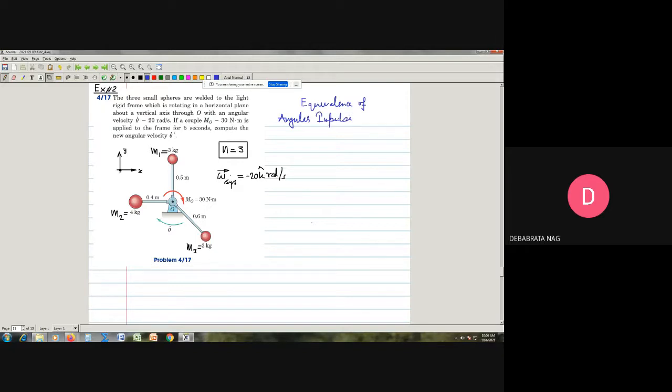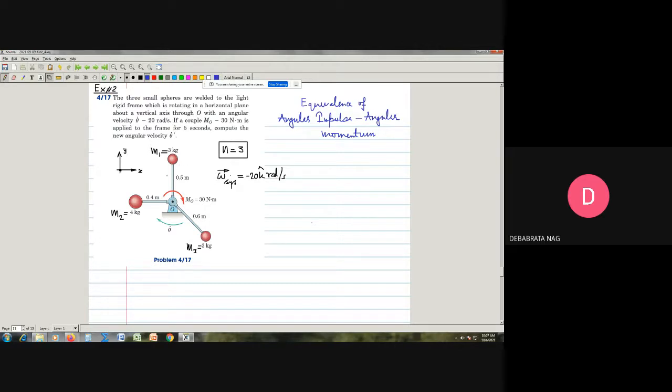So this is the angular impulse, angular momentum equivalence principle, which we are going to apply in this problem, because going by the statement of the problem, we immediately recognize that we can apply this principle of angular impulse, angular momentum.